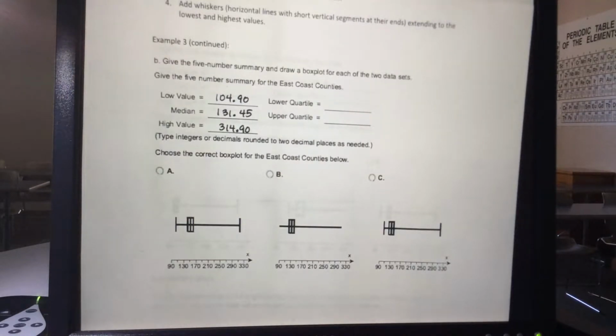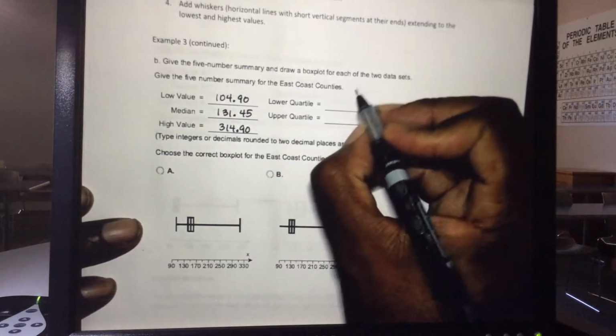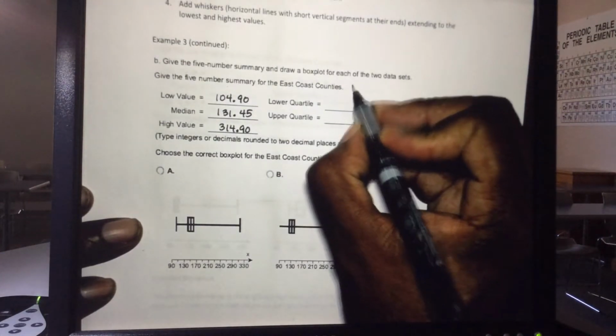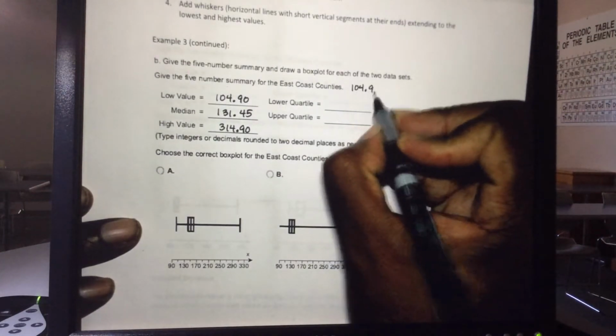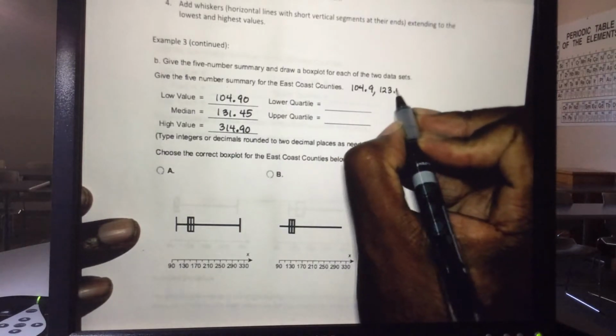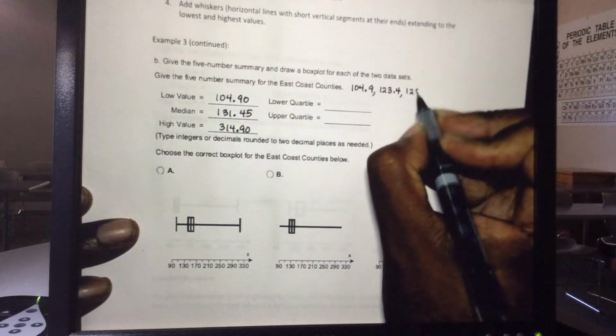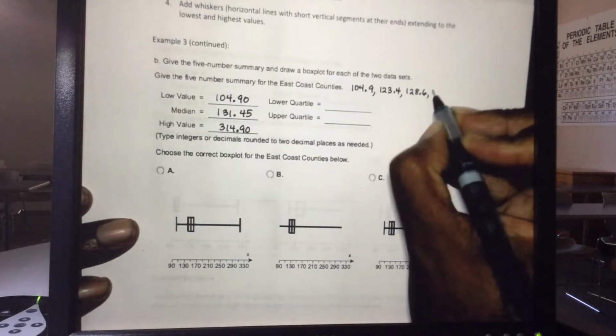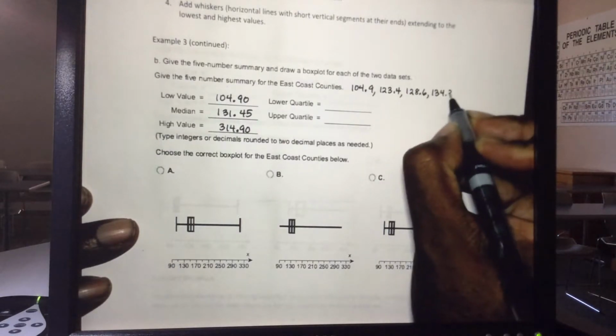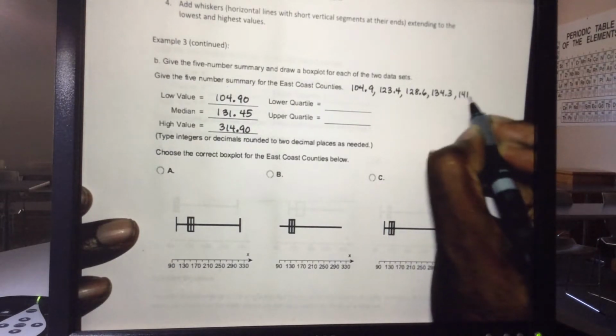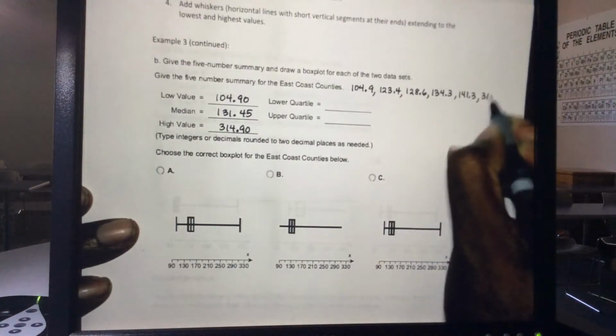Okay? Here I'm going to give you that sorted data that we had for East Coast counties, which was 104.9, 123.4, 128.6, 134.3, 141.3, 314.9.